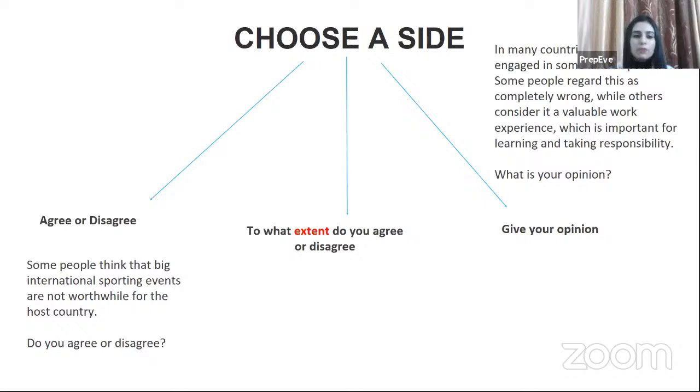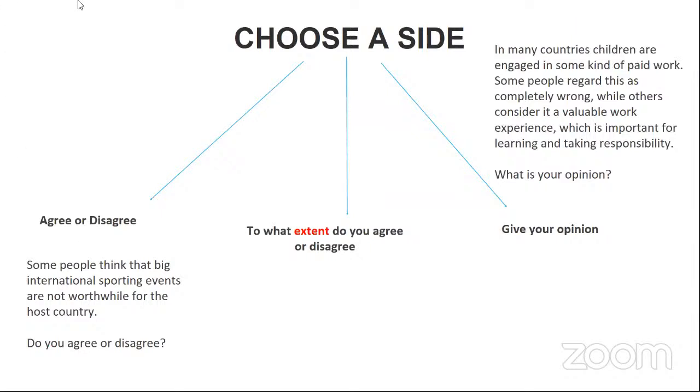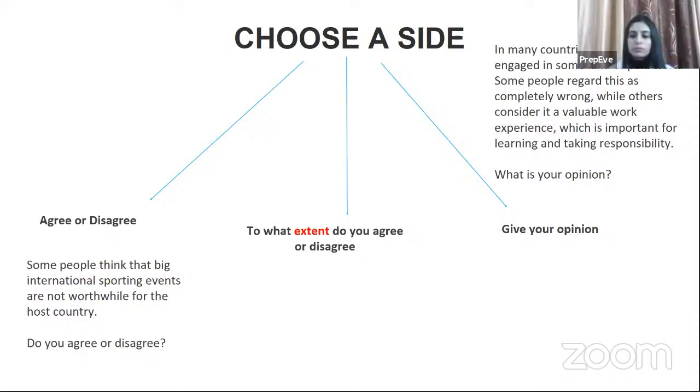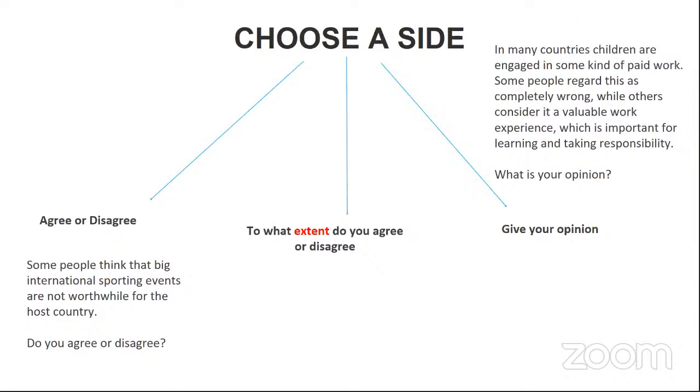So I guess we have four or five points for disagreement. What about agreement? Anyone who agrees? Ma'am, I partly agree. In terms of finance, the host country has to construct special areas for the sports.